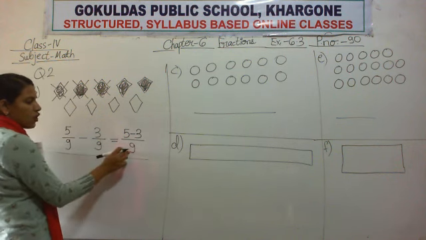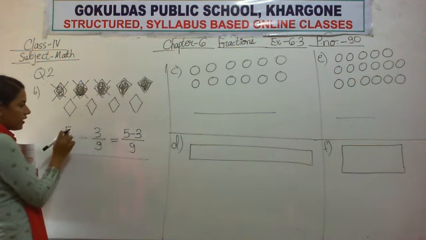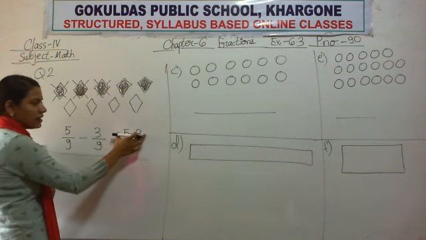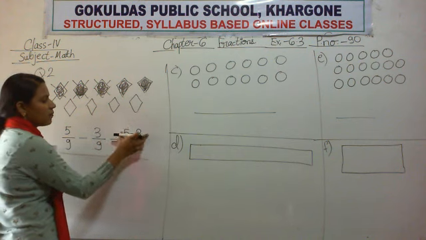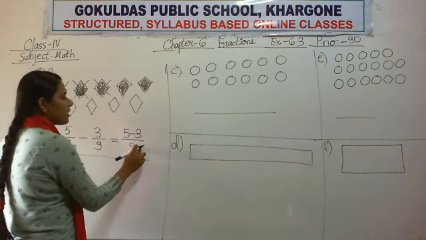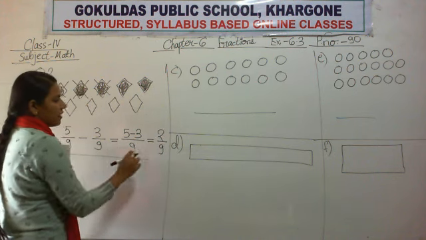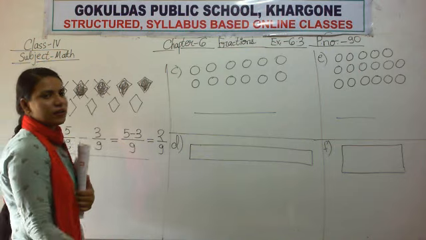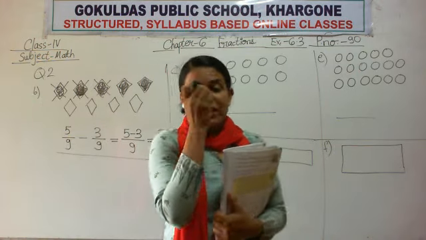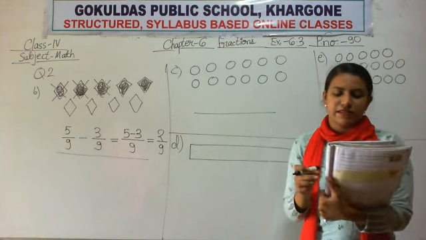We write the denominator only one time. 5 minus 3 we write in the numerator place and the denominator as it is. So 5 minus 3 is 2 upon 9. So your result is 2 upon 9. Be ready with your pencil and fill this in with pencil.